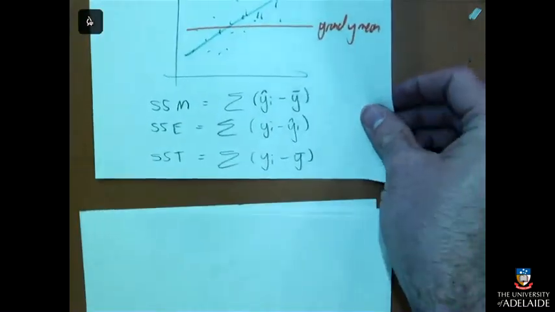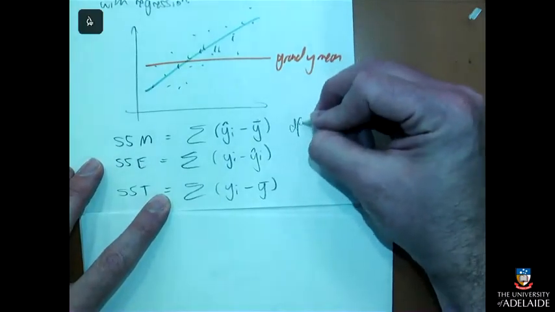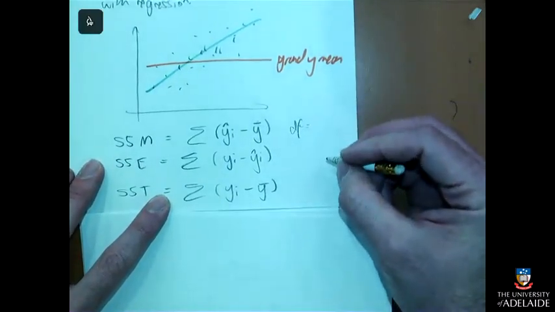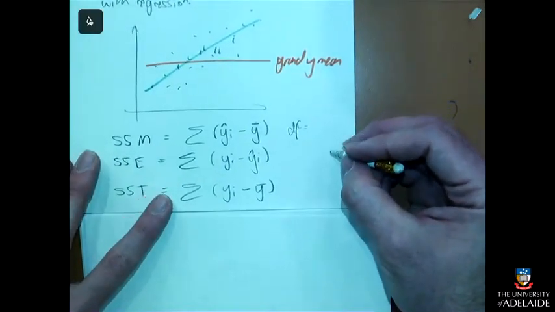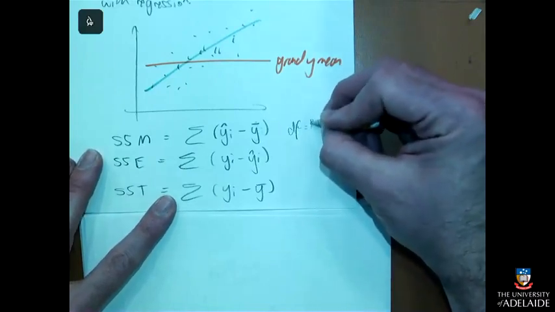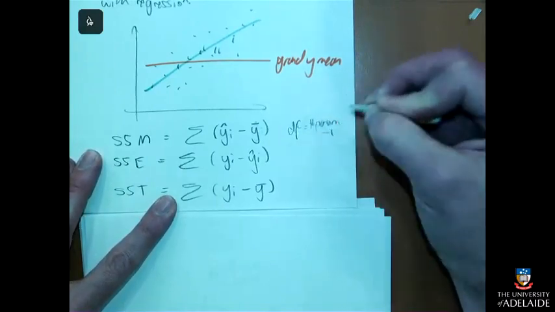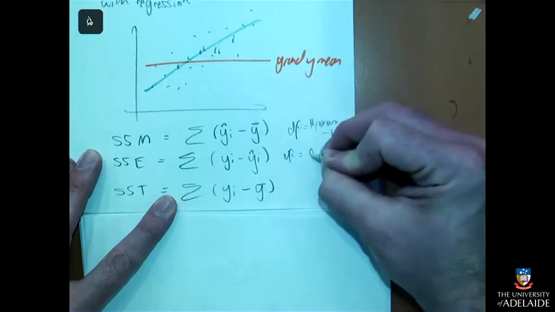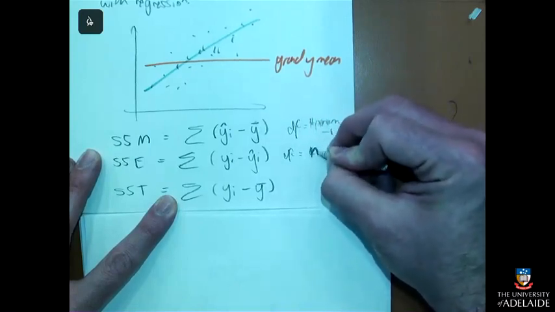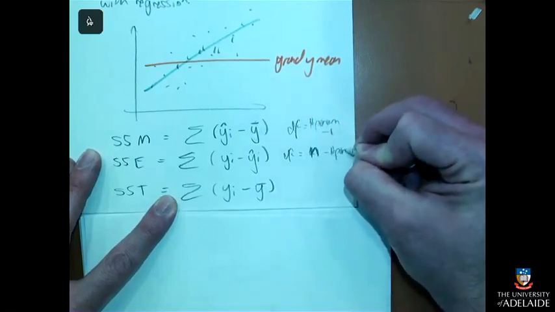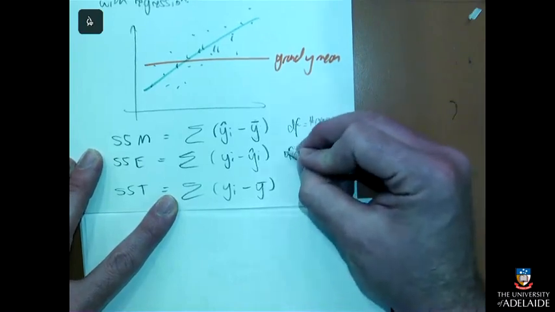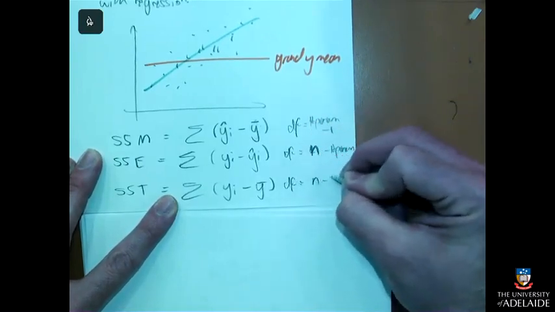So I guess this has a degrees of freedom, which is the number of parameters minus 1. And this is the number of individuals minus the number of parameters. And this is always the number of individuals minus 1.